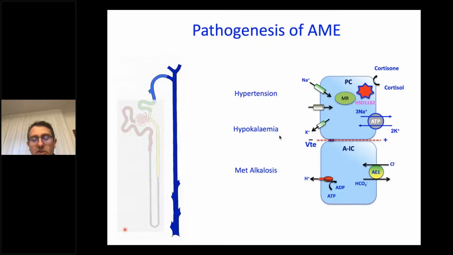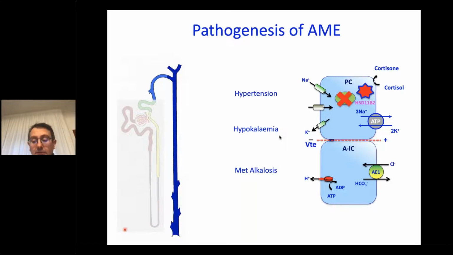Cortisol has much more affinity than aldosterone for the mineralocorticoid receptor. So when in excess, it can mimic mineralocorticoid activity.